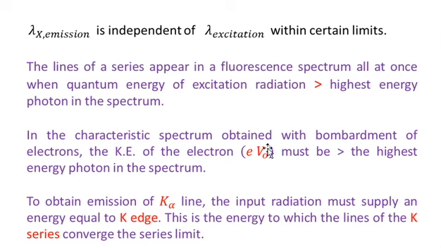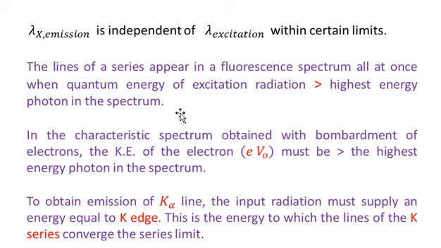In the characteristic spectrum obtained with bombardment of electrons, the kinetic energy of the electron, represented by eV0, must be greater than the highest energy photon in the spectrum. So when we are talking about the fluorescence spectrum, it means that the energy of the exciting photon, for example a laser beam, should be greater than the highest energy photon in the spectrum.